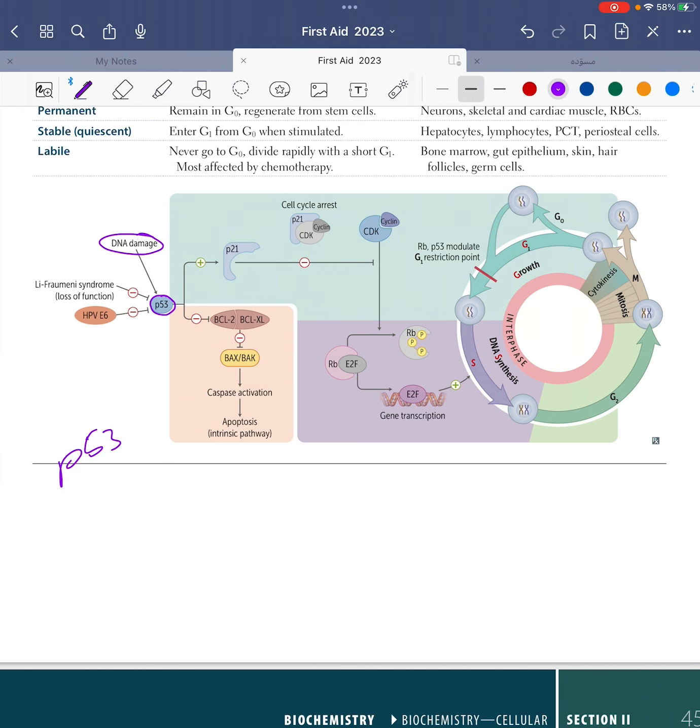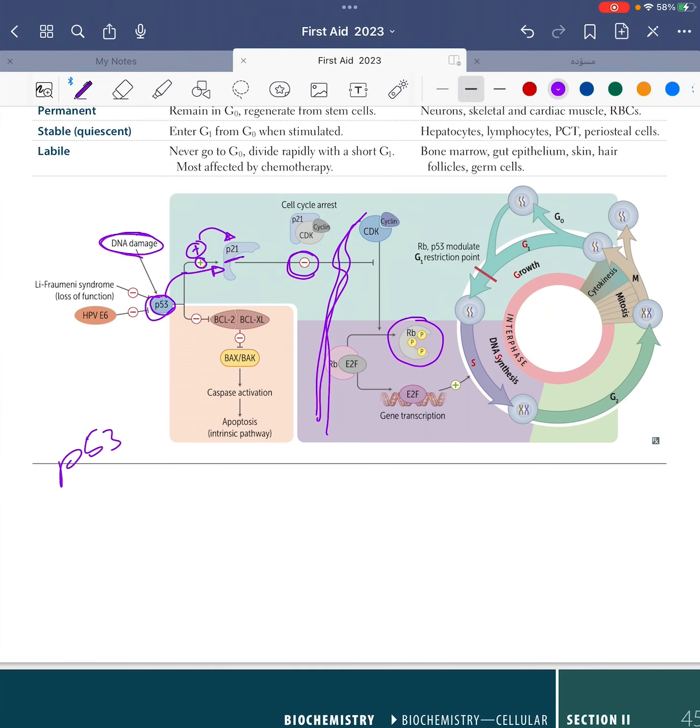If it is activated because it senses the DNA damage, then it would activate, the green plus sign means activating, the P21. That P21, if it's activated, would inhibit the whole process of dividing the cell and going through extra steps that the cell needs to do in order to decide whether to divide or not. So P53 would activate the P21, and that would inhibit this whole process.